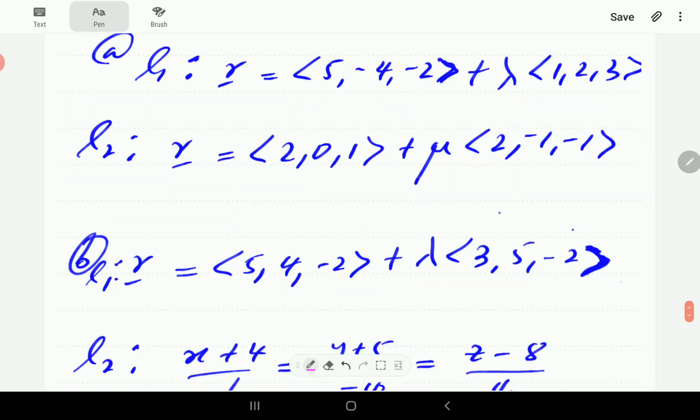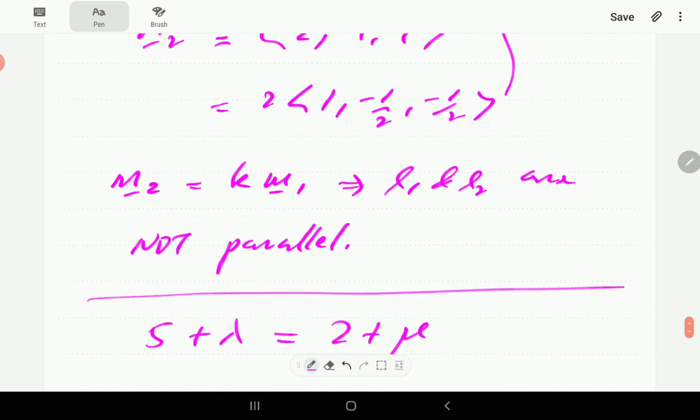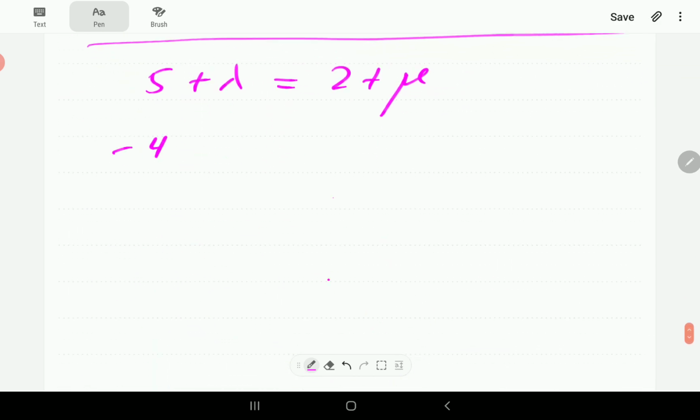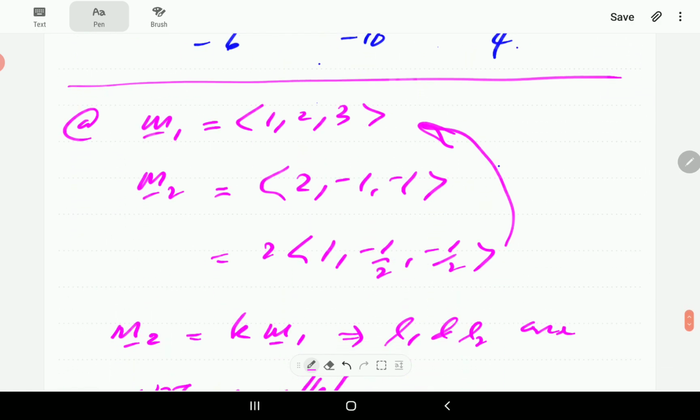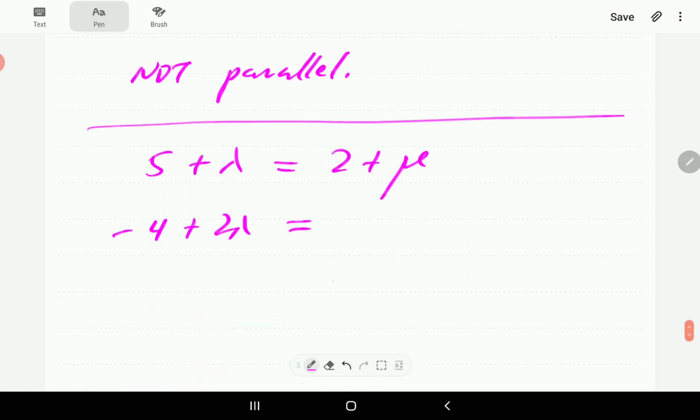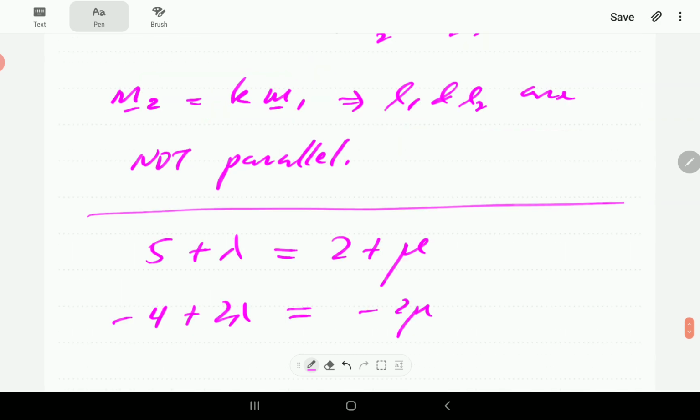And then y is negative 4 plus 2 lambda. For L2 it's going to be 0 minus 2 mu, so it's just going to be minus 2 mu.